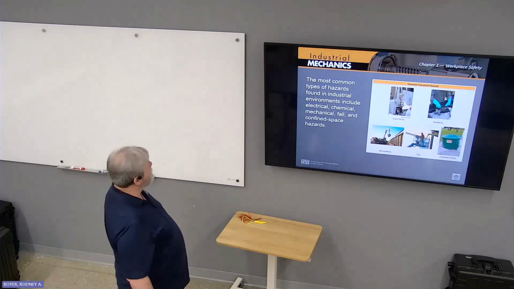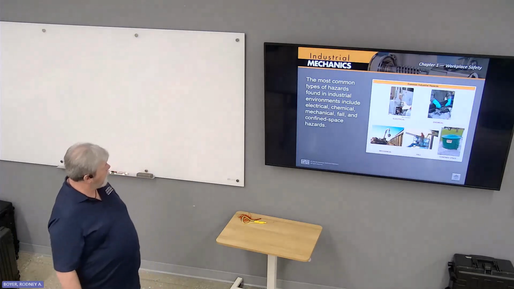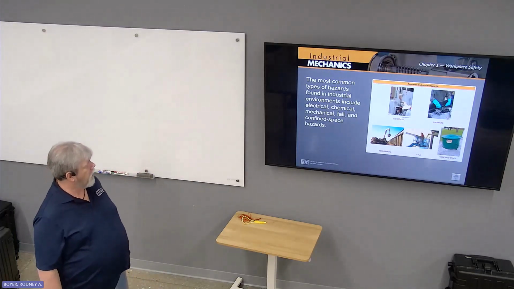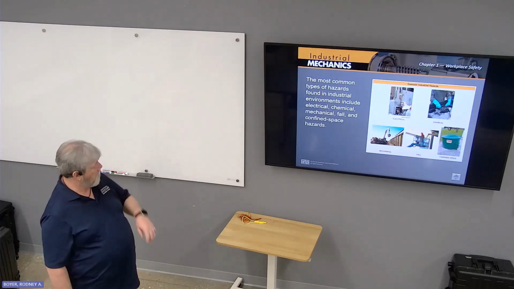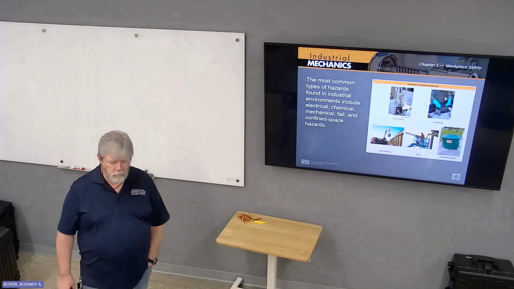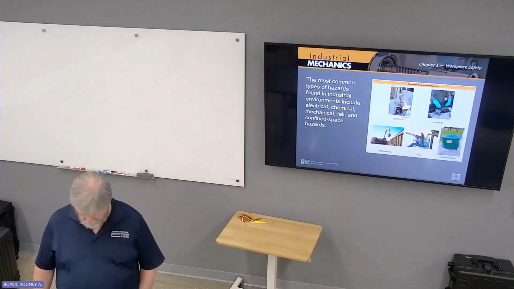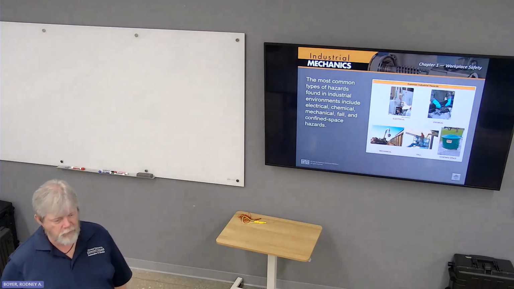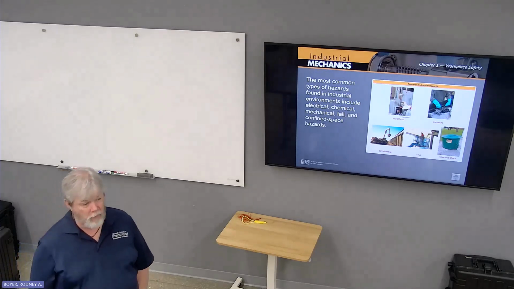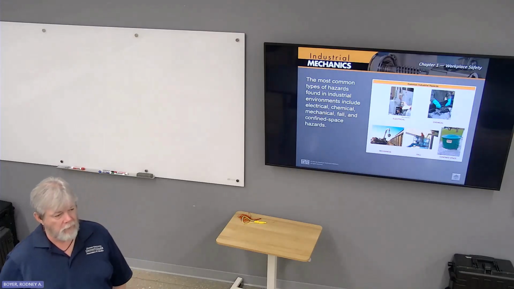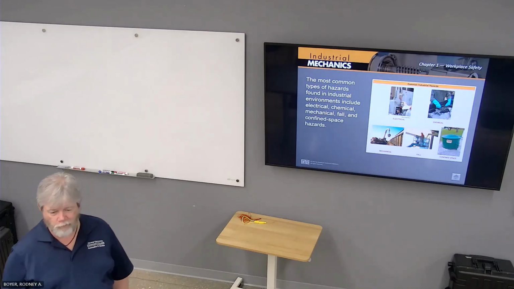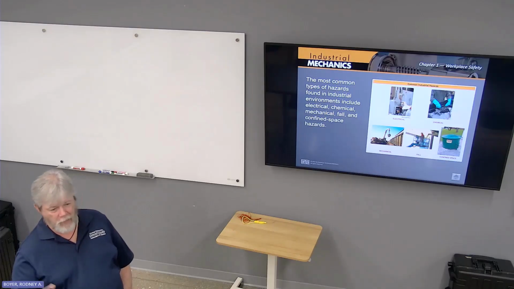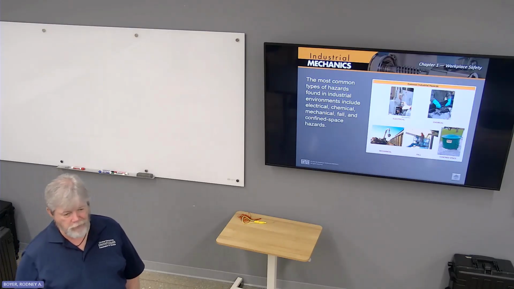Most common types of hazards found in industrial environments include electrical, chemical, mechanical, fall, and confined space. Electrical is one that a lot of people don't really think about because we've had electricity as a thing in our lives for our entire lives, and except for the occasional electrical fire that you hear about on the news, it's usually pretty safe, right?